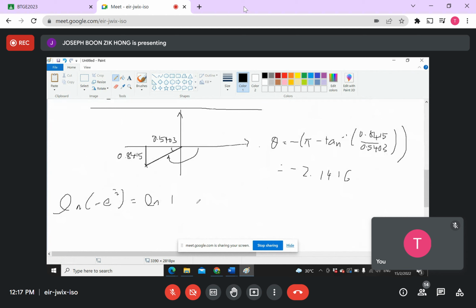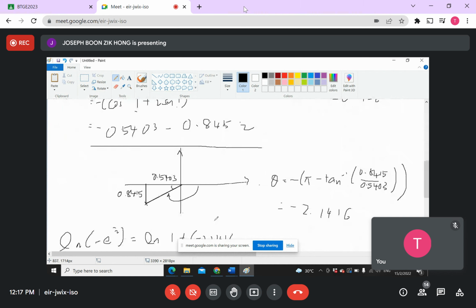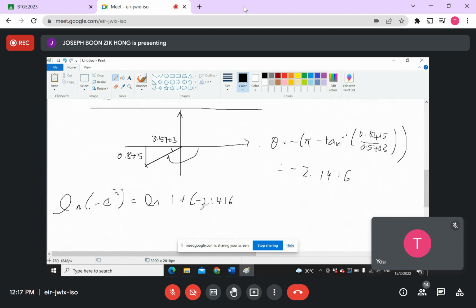Ln 1 means it's 0. Ln 1 and then minus of this one, so minus of minus of negative 2.1416. Actually, 2.1416 is very near to pi, should be something pi, but never mind. Okay, I'll just proceed with this one. And then 2.1416, and what else? Plus 2k pi.